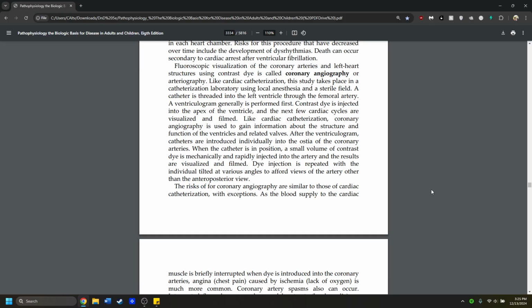Dye injection is repeated with the individual tilted at various angles to afford views of the artery other than the anteroposterior view. The risks for coronary angiograms are similar to those of cardiac catheterization, with the exception that the blood supply to the cardiac muscle is briefly interrupted when dye is introduced into the coronary arteries.